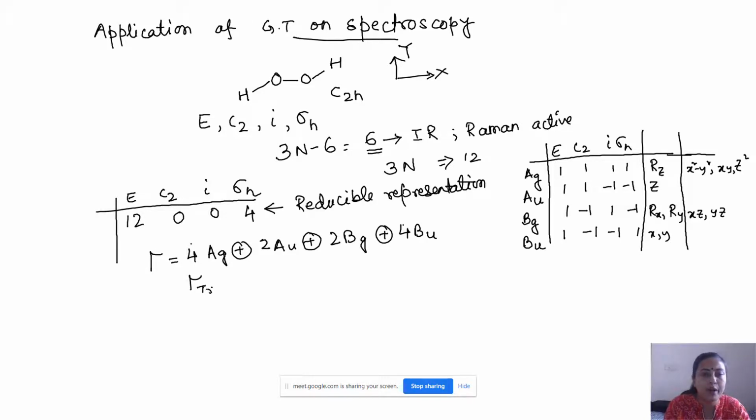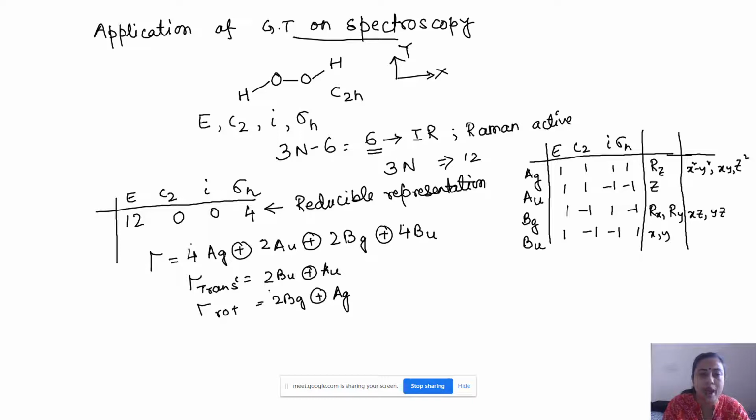If we want to find the translation, we have to look at how x, y and z transform. That would be 2Bu and 1Au. Similarly, rotation is going to be 2Bg and 1Ag, because rotational vector Rx transforms as Bg, Ry transforms as Bg, and Rz transforms as Ag.